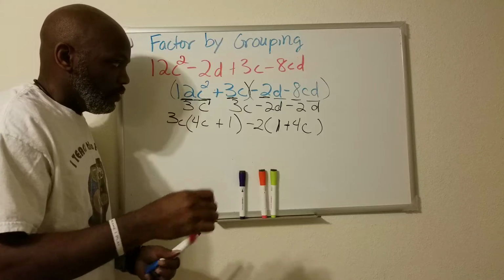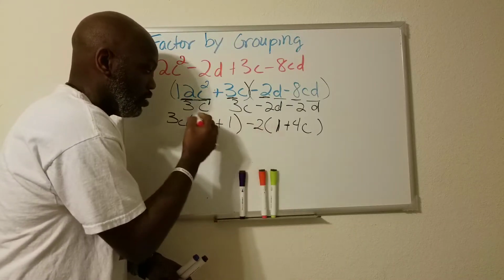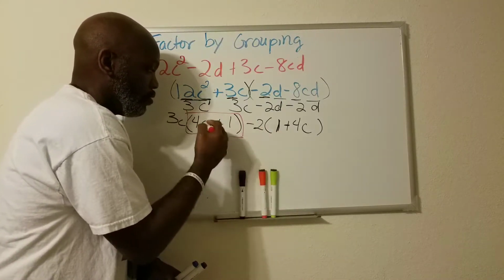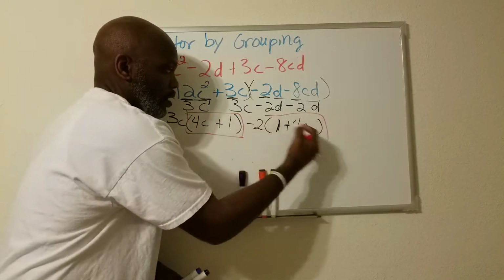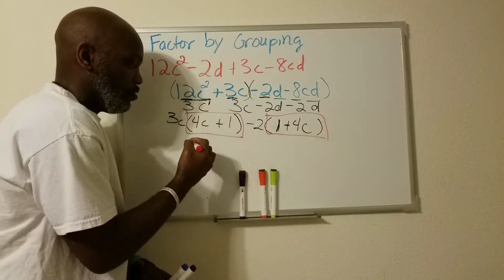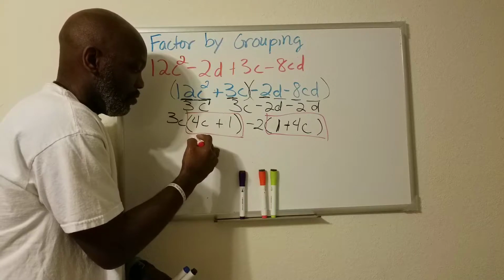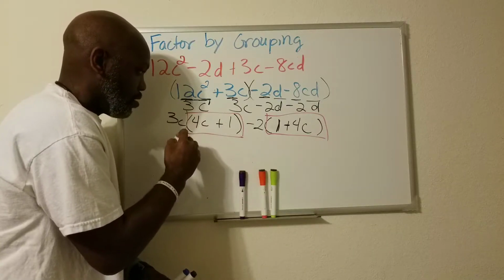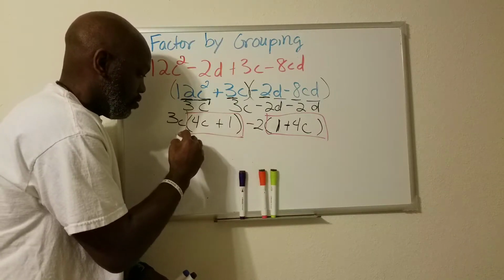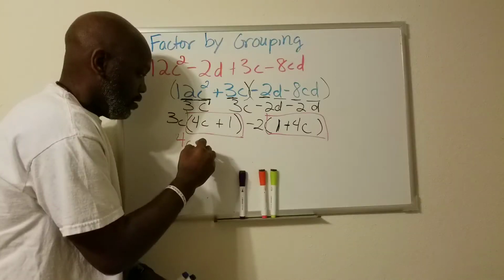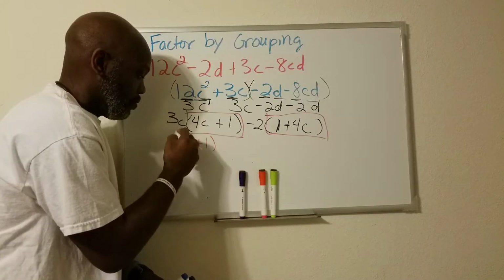And here we go. So I want you to see that 4c plus 1 is the same as 1 plus 4c. So we're going to factor that out. The greatest common factor between the two is going to be 4c plus 1.